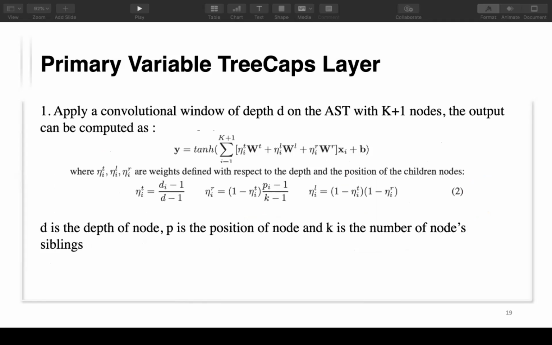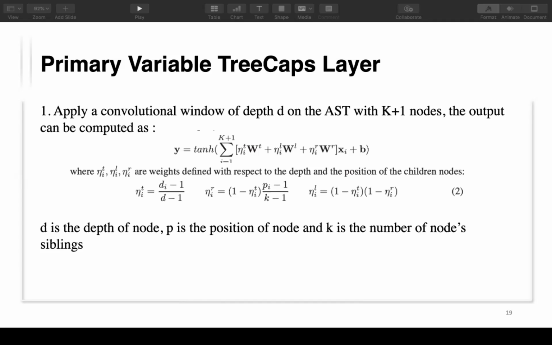Suppose the part of the tree with depth D has k plus 1 nodes, then we compute y with the following formulas. Here, eta represents the positional and depth information of the nodes.